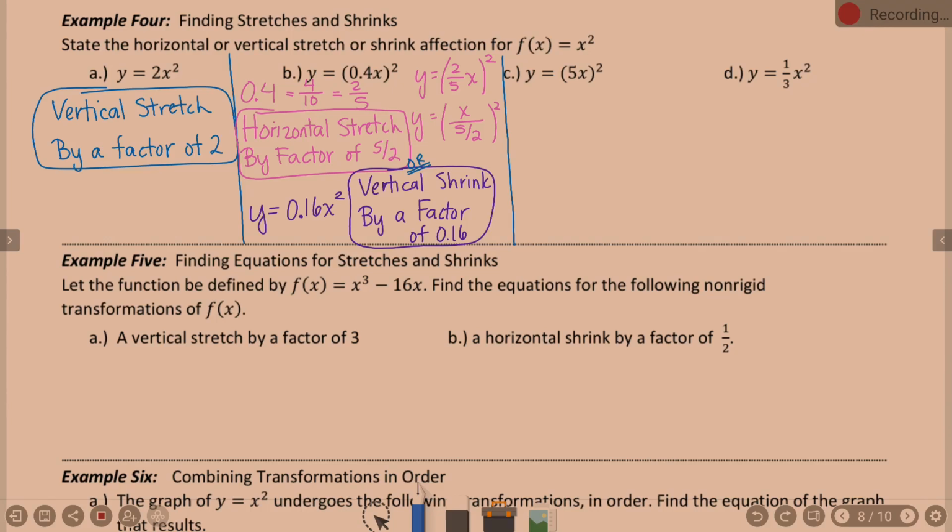On the horizontal, it says horizontal shrink or vertical stretch in homework. So it's either or. Yeah.